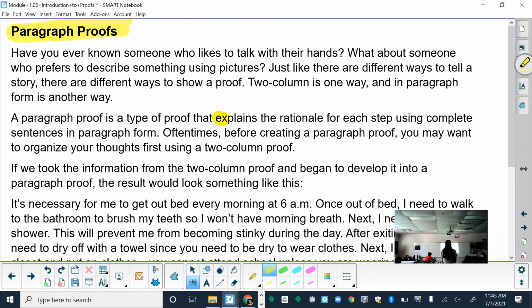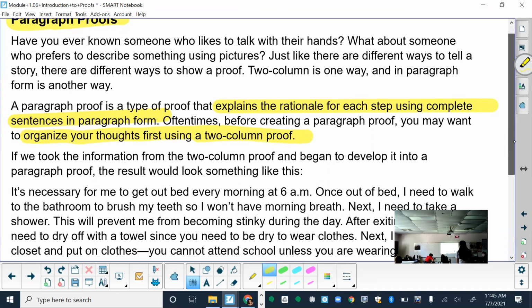It explains the rationale for each step in complete sentences in paragraph form. And organize your thoughts first using a 2-column proof. Always do that first. You don't want it to be out of order.